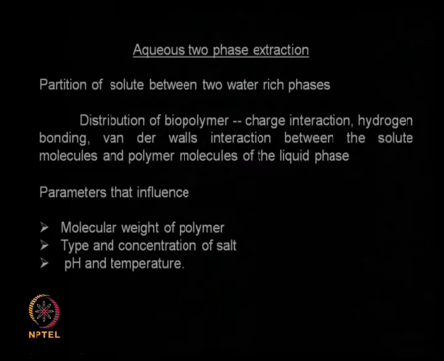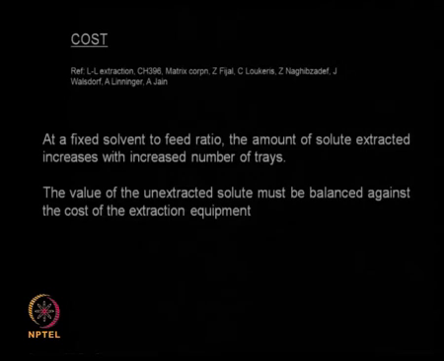Now you want to selectively just remove all the cell debris, cell mass, biomass and so on. That is where you use an aqueous two phase extraction system. The interaction between the biopolymer and the protein of interest is through non-bonded interactions like charge interactions, hydrogen bonding, van der Waals interaction and so on.